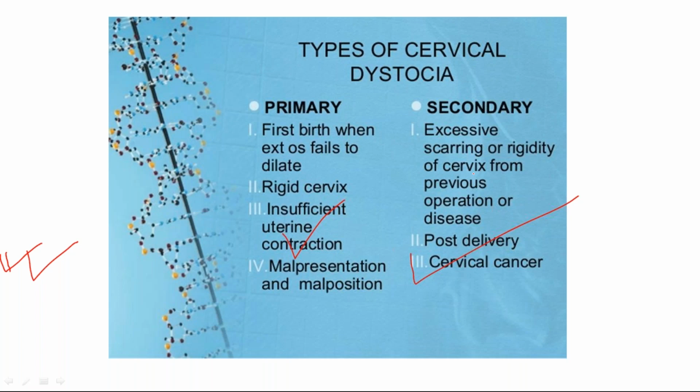Scarring will be there, which fails to dilate in subsequent pregnancies. Very rarely, cervical cancer also, but cervical cancer in pregnancy is very, very rare, so you need not mention it.